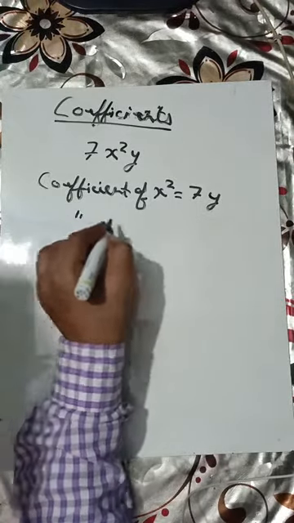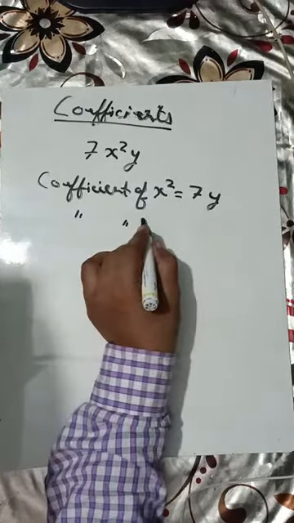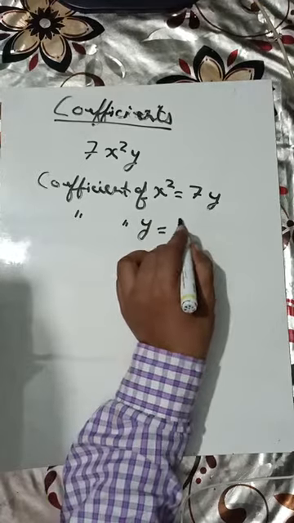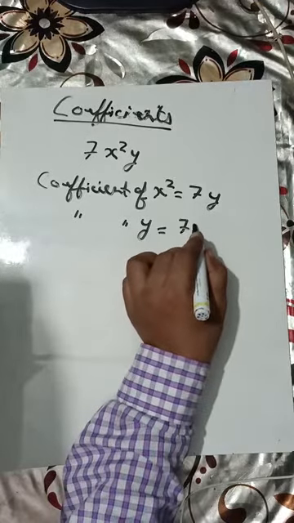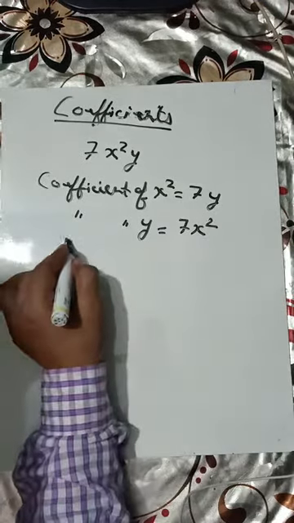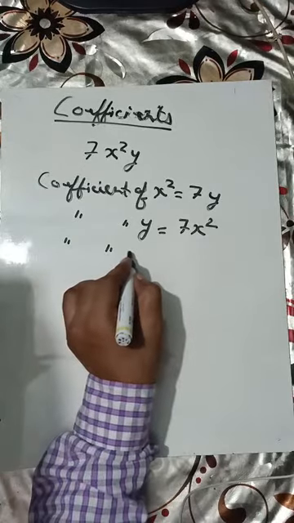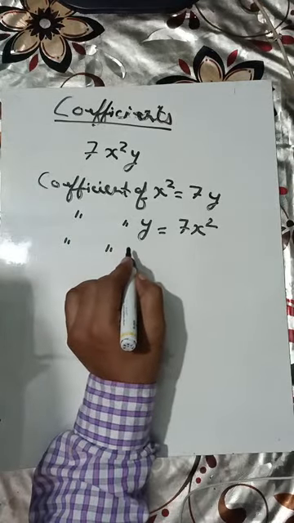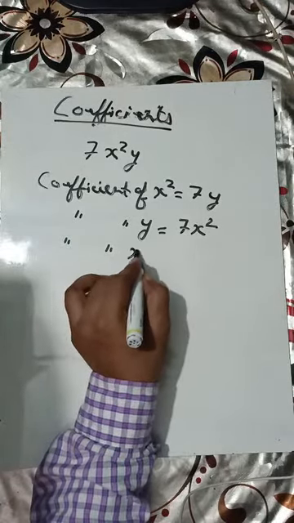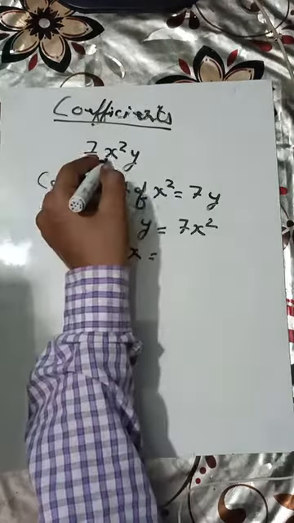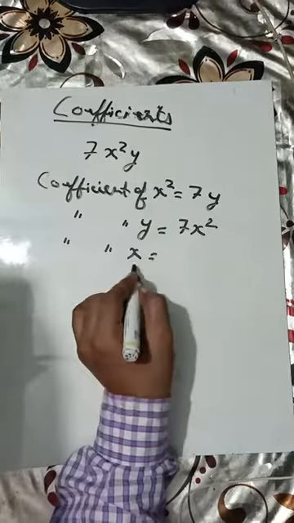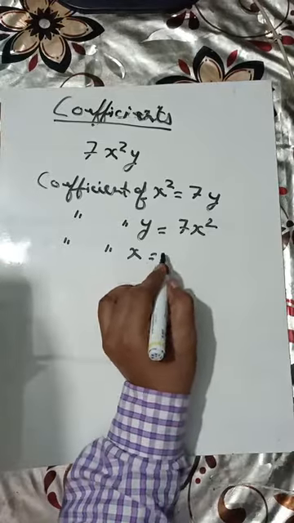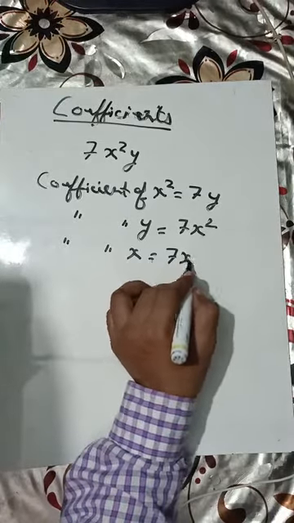Now the coefficient of y is 7x square. If you are talking about the coefficient of x, then there are x square, so if you take 1x, it will be 7xy.